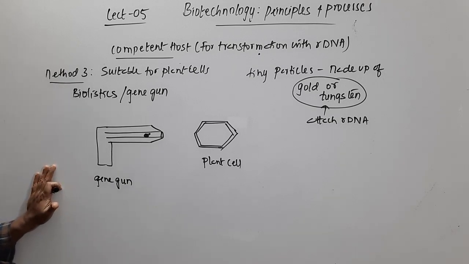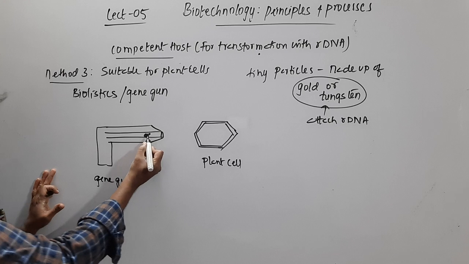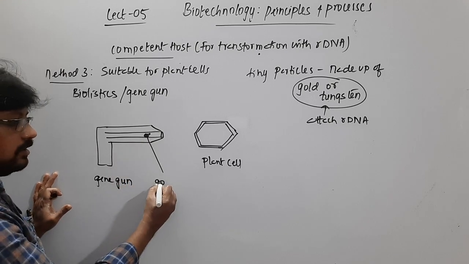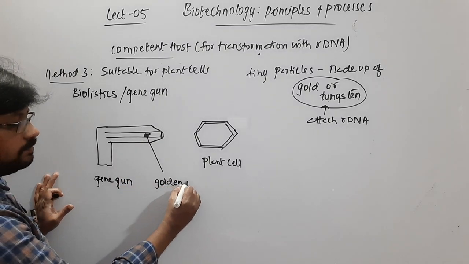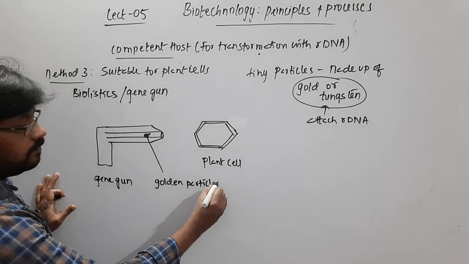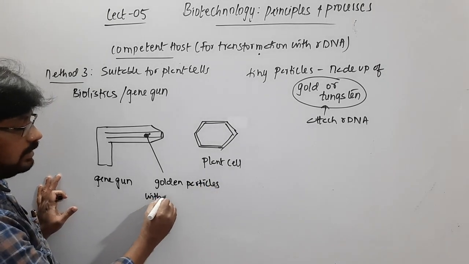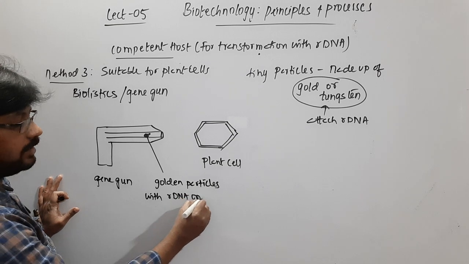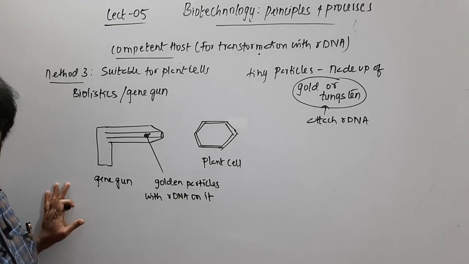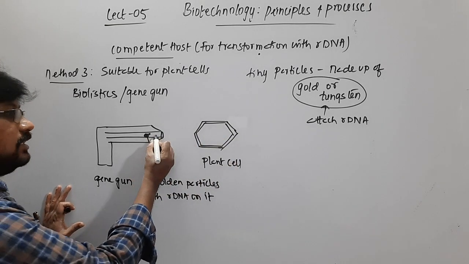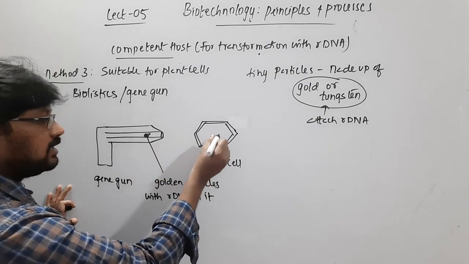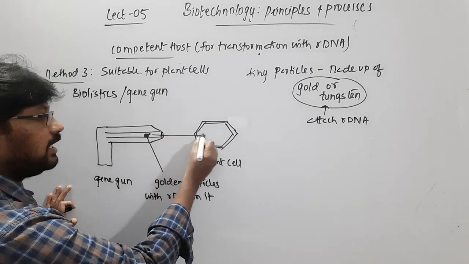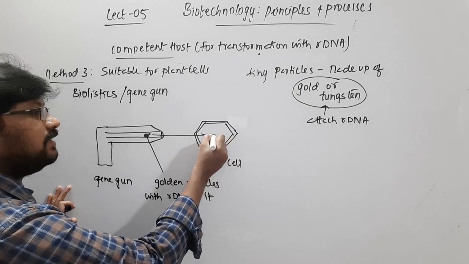Now when they are bombarded, this is a golden particle with the rDNA on it. Once the plant cell is bombarded, it directly delivers that.